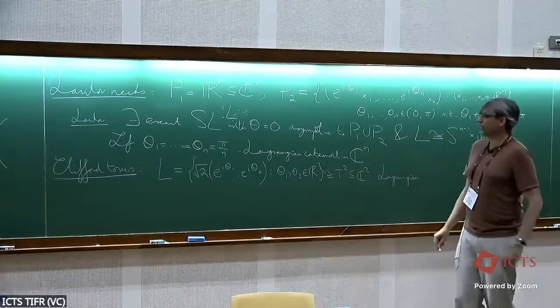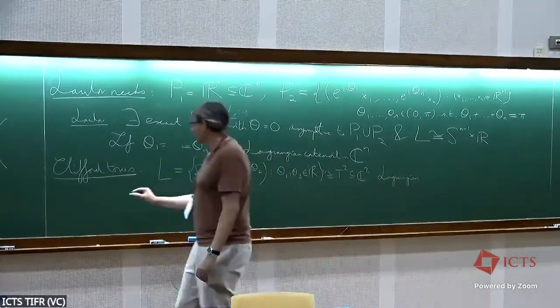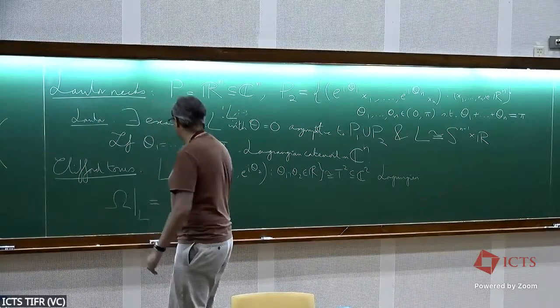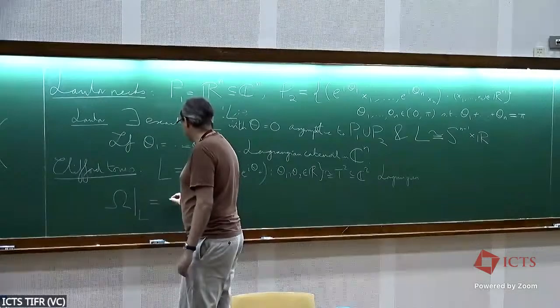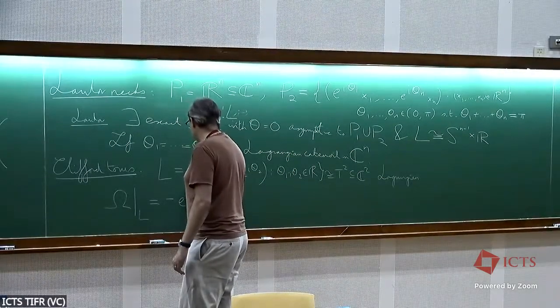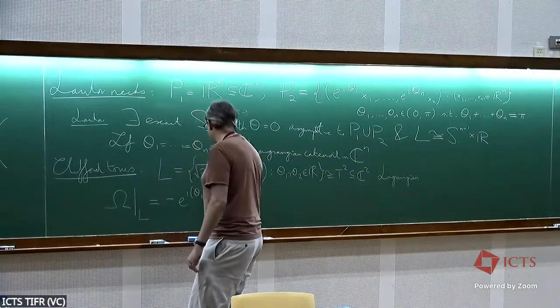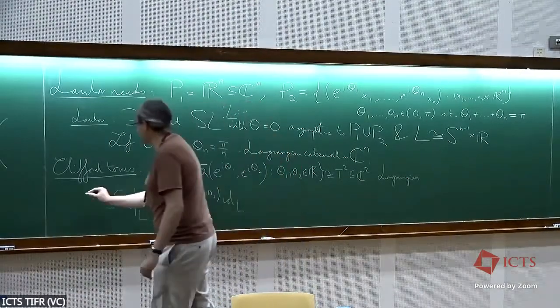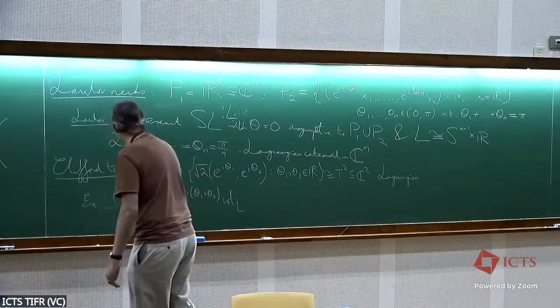And what you can check is that omega restricted to L is minus e^(i(theta 1 + theta 2)) times the volume form on L. It's a very easy exercise. I suggest that you do it.